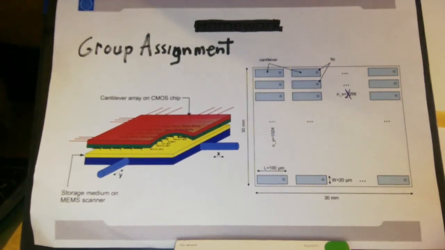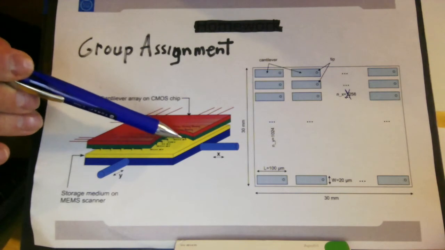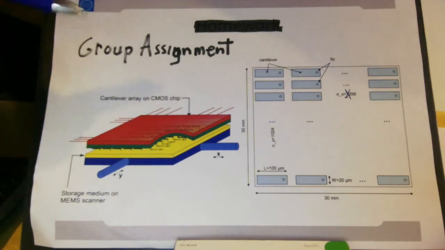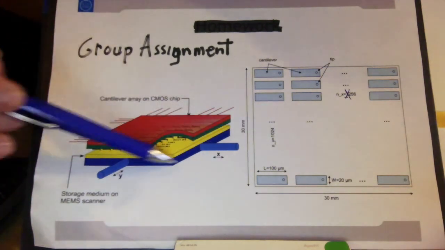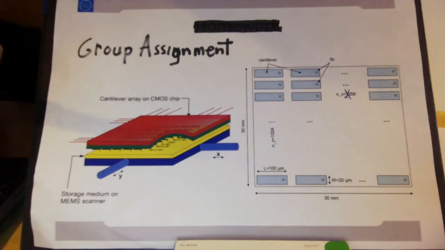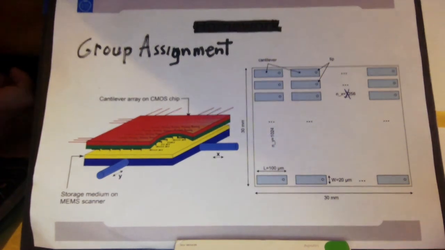That means which actuators and/or sensors will you use to write these dots or to read these dots using the cantilevers, and which transducers will you use to be able to move this bottom polymer plate both in the X and the Y direction. So the task is very simple. Design a full system of sensors and actuators to do this, to make such a data storage system.